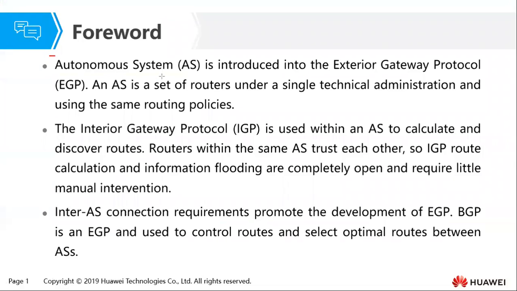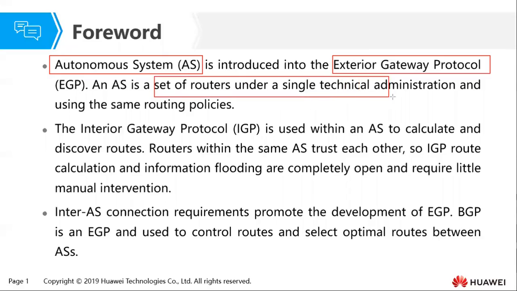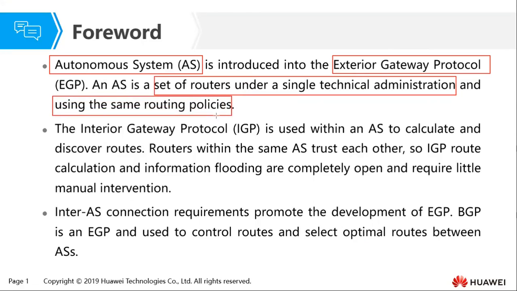An autonomous system, AS, is introduced into the exterior gateway protocol, EGP. An autonomous system is a set of routers under a single technical administration, and all the routers in an autonomous system use the same routing policy.